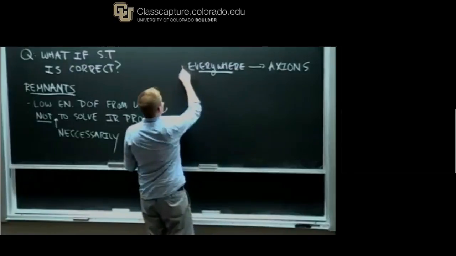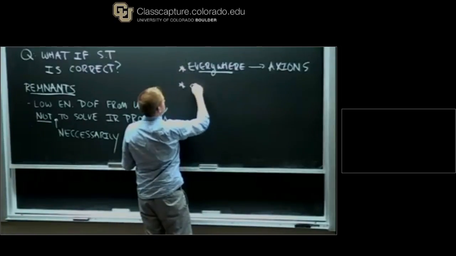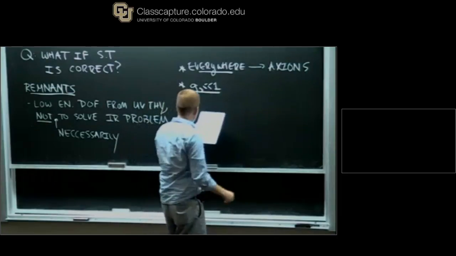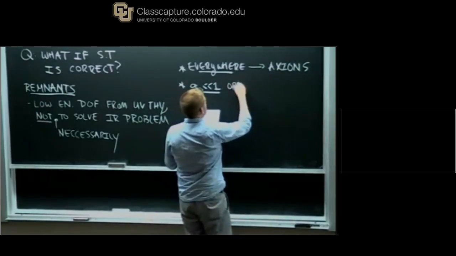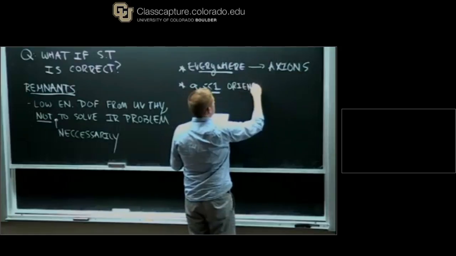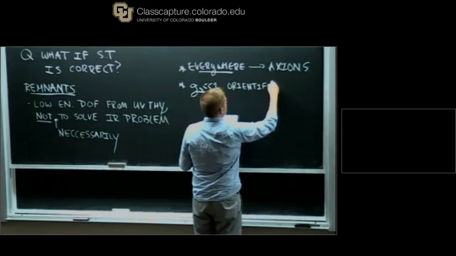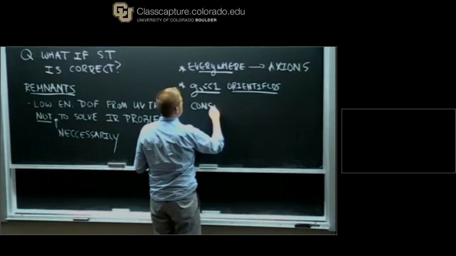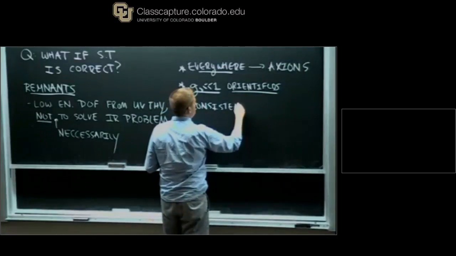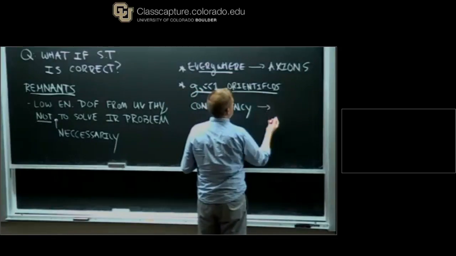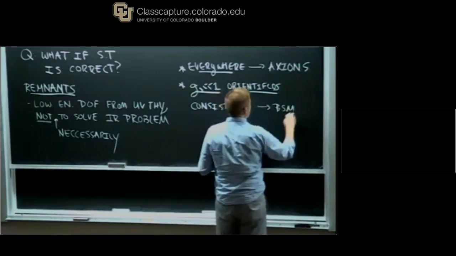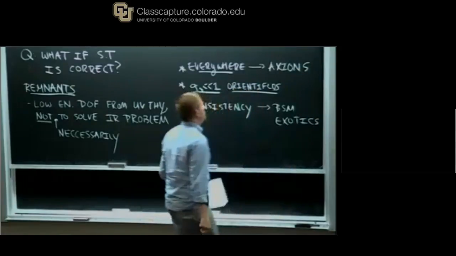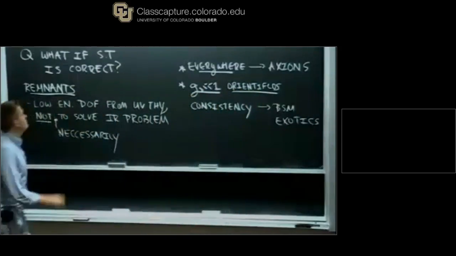And in the context of weakly coupled orientifolds, again, there's a remnant that occurs much more generally, but I'll be in this context. What you find is a connection between consistency conditions and beyond the standard model exotics of the type that has been mentioned in some of the lectures this week.